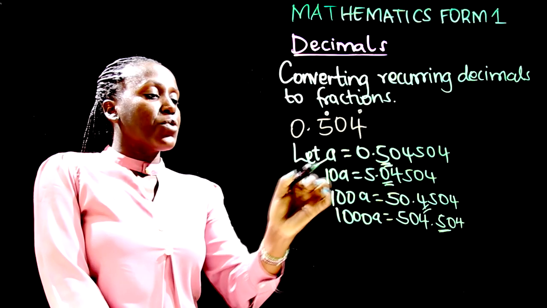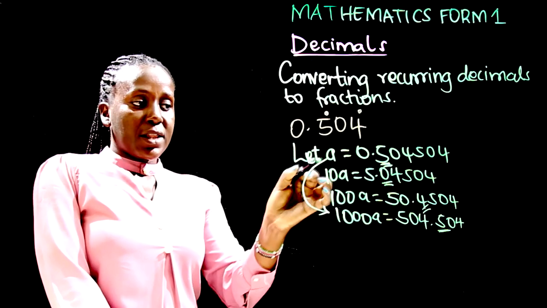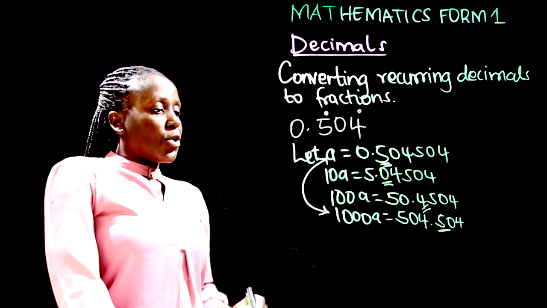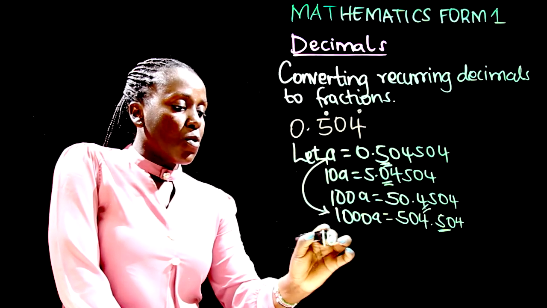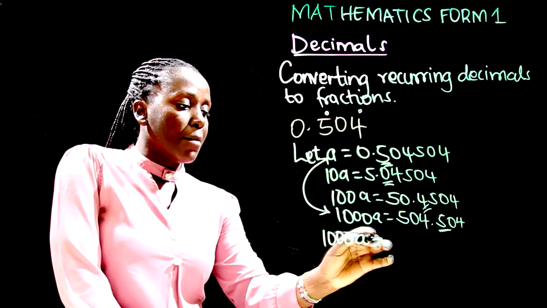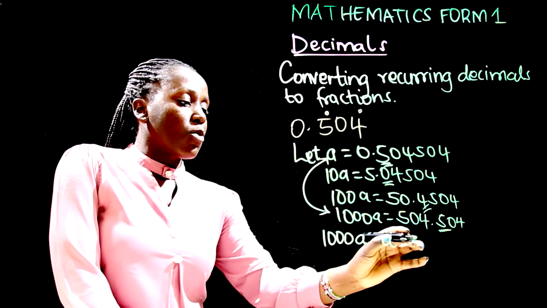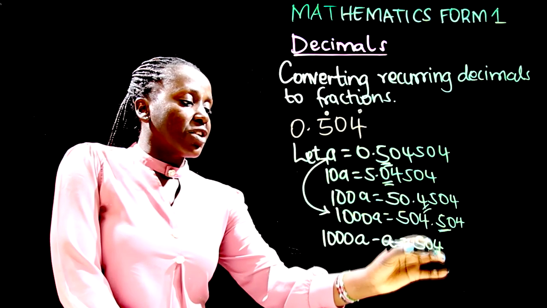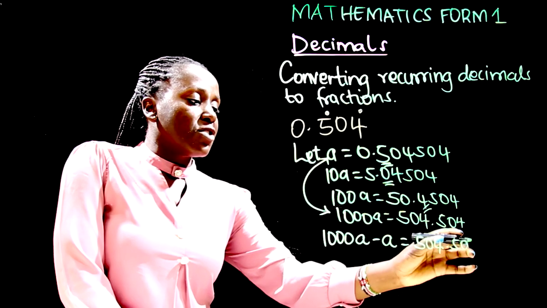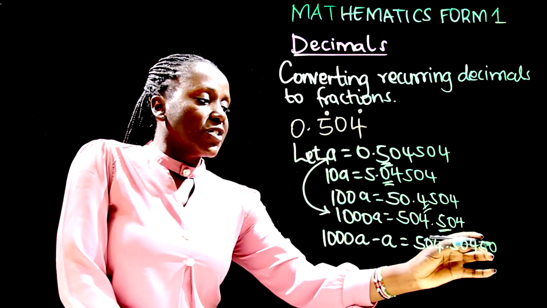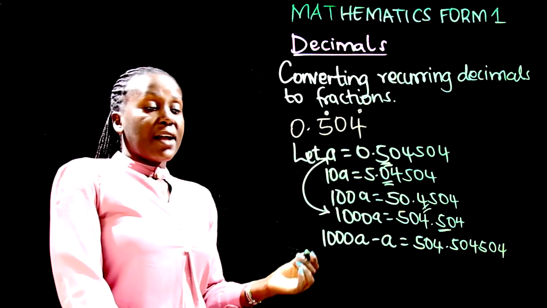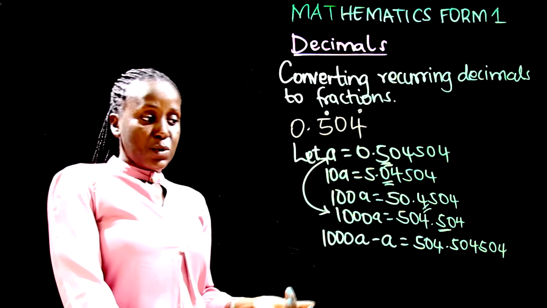So now we can work with A and 1000A. So when subtracting, we'll have 1000A minus A being equal to 504.504504. Remember, we can add as many numbers as we want.